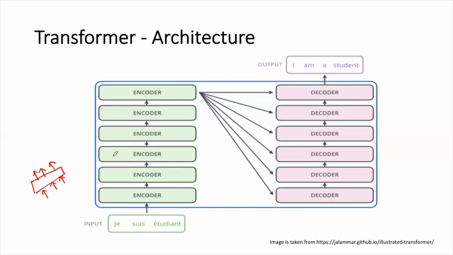So if we pass through this stack of encoders, finally for each input word, we will have an encoded representation. Once we generate those, in this case three vectors, we pass all of them to each of the decoder layers. That's the data flow that is seen. And the decoder generates the output translation.